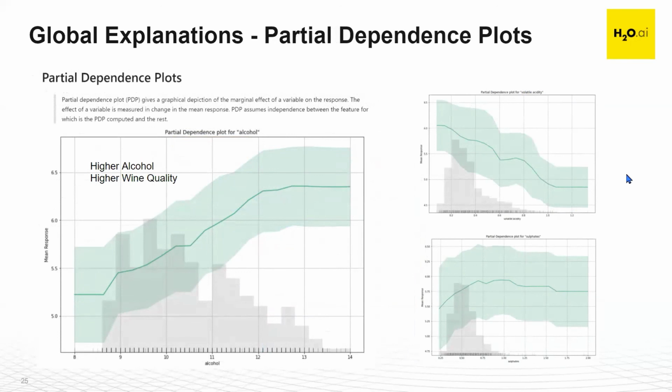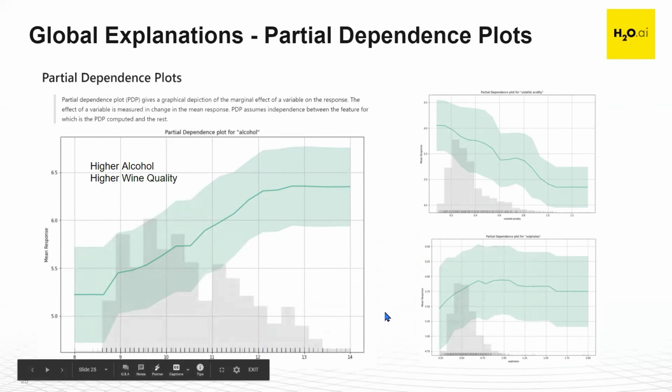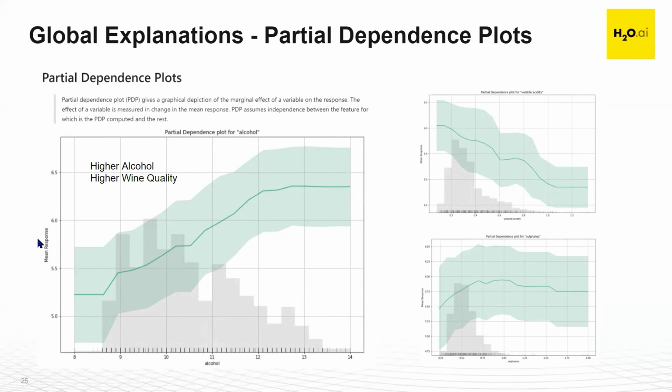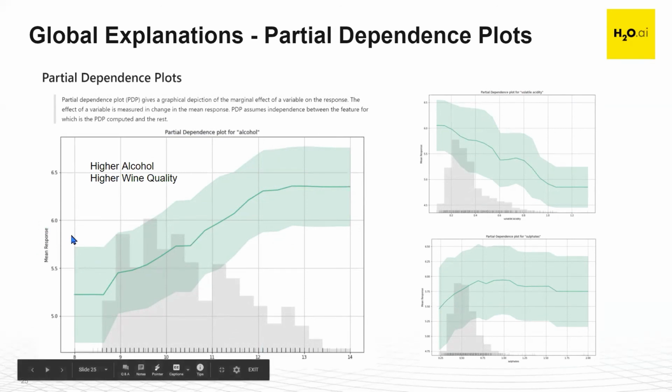So this is another important graph that you may want to use to explain your models. This is called a partial dependence plot. Similarly, if you think about the example we looked at about alcohol from the SHAP summary, this is also explaining the same story, but with a different technique. What we're trying to do in this graph is look at one feature at a time and the actual response, meaning the prediction value, from this feature.